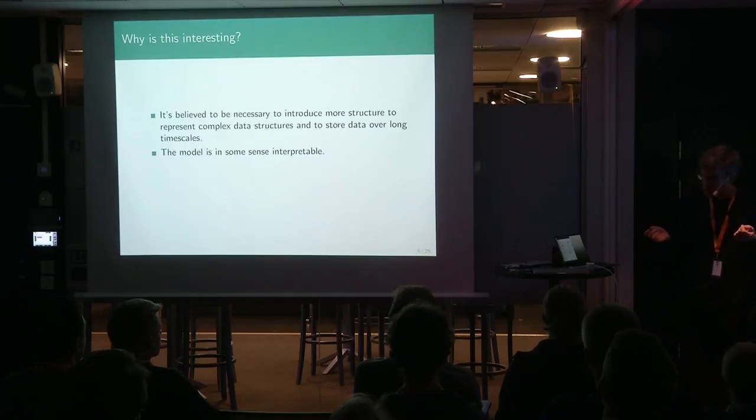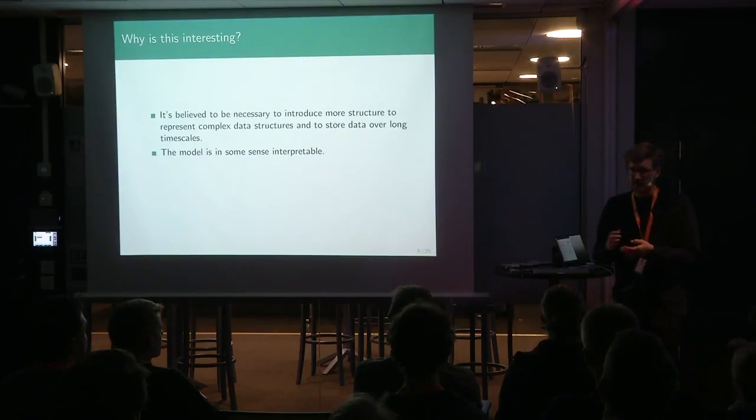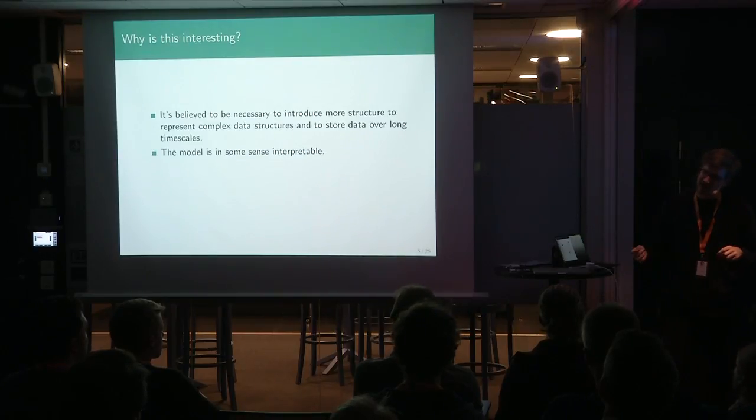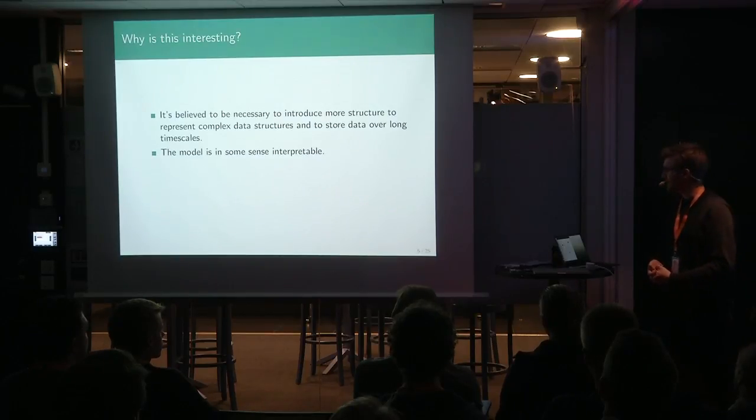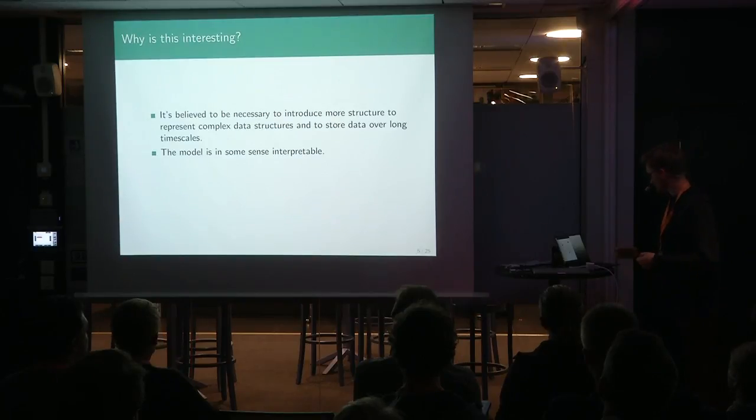And it also gives some sense of interpretability of the network. You can, in some cases, reconstruct kind of what it does. It's a step in this direction, at least, and that's something that a lot of research is going into currently.